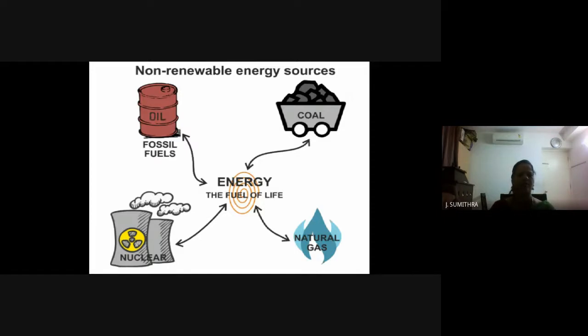At the same time, by using fossil fuels and others, we have many environmental consequences in our day-to-day life. The main reason we get environmental consequences is that when we convert energy from one form to another, it obviously affects the environment.